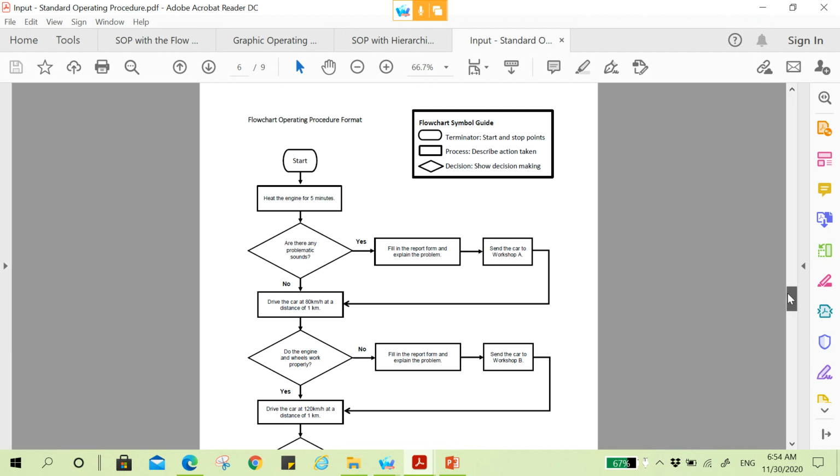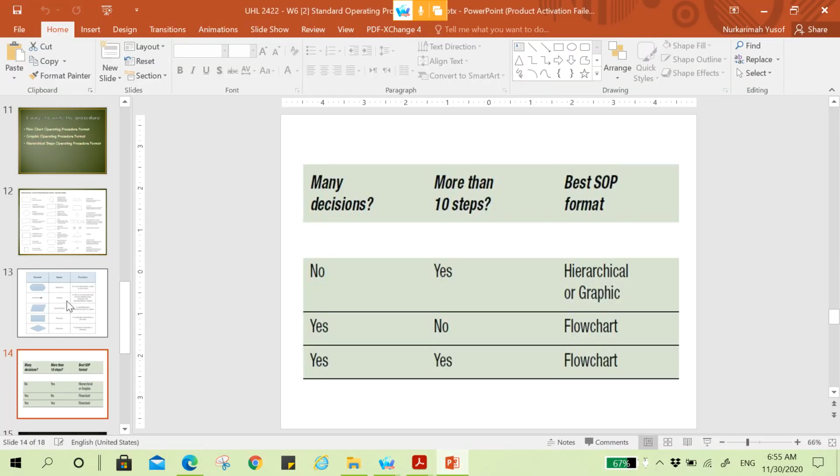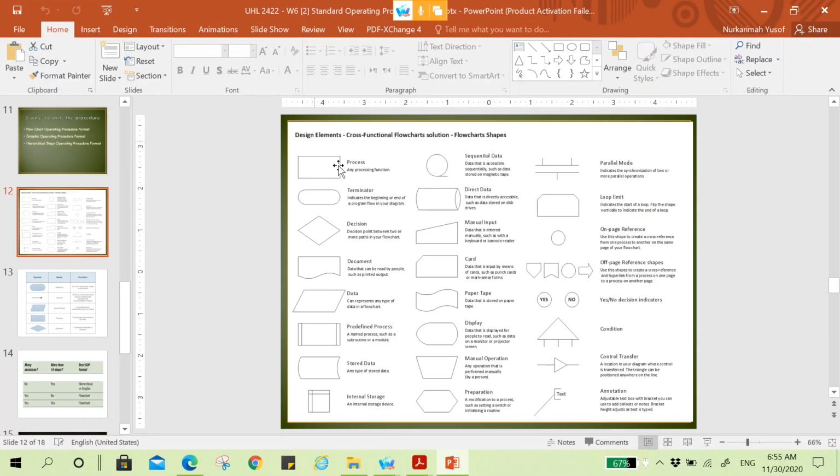Okay, so basically you just need to use these three shapes here, but of course there are many other shapes out there. If you look at here, these are all the shapes that you guys can use for flowchart.